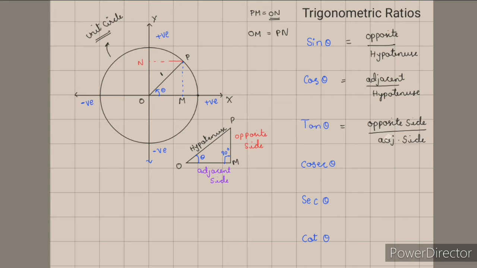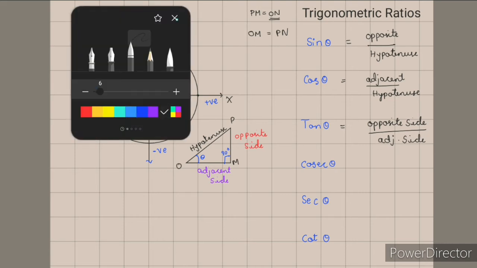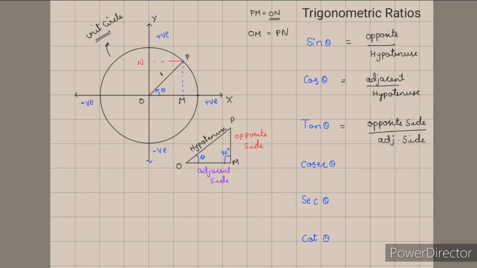Tan theta is opposite side by adjacent side. Let us fix the value of the adjacent side as 1. So for this theta, let's say I have taken another right angle triangle.